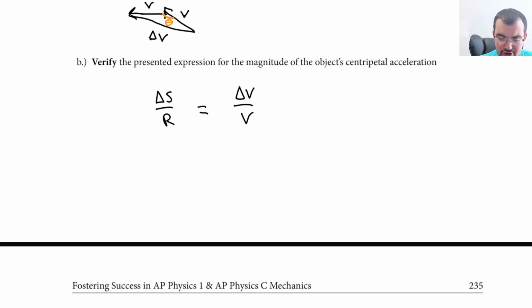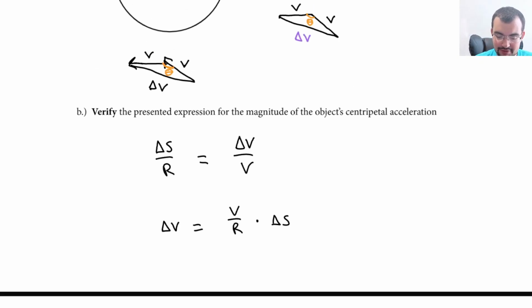We are going to be interested in acceleration, which is delta v over delta t. So let's solve this for delta v. Delta v would be equal to v over r times delta s. We're getting close, but we don't have acceleration yet.